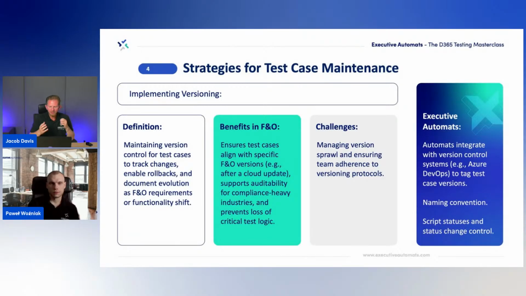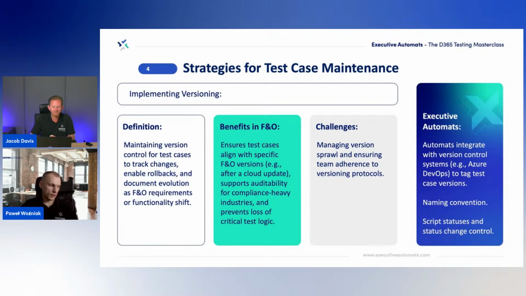Talk a little bit about how versioning might relate to traceability, but is also another aspect that you have to approach things from. Even if we have the traceability in place and our test cases linked with the requirements, if we don't version our scripts, it might cause problems as well.